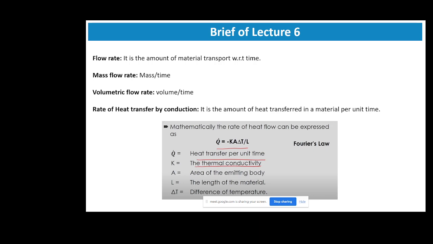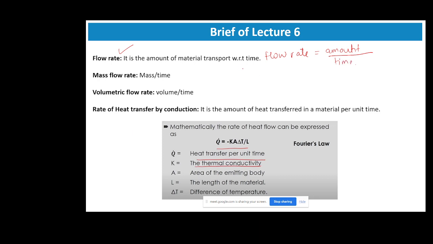Now moving forward to the brief of lecture 6, it is majorly covered in terms of rate of anything. The first rate that was highlighted was the flow rate. Flow rate means the amount transported per unit time.